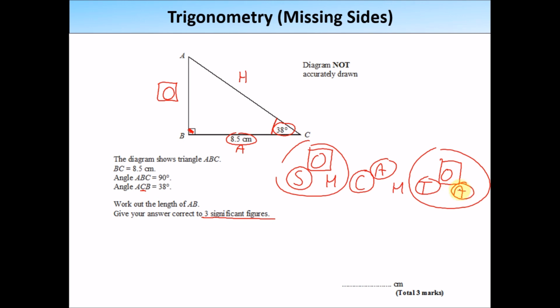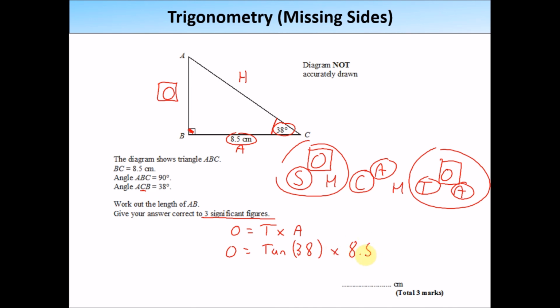The next thing to do is to cover up what I'm looking for. So when I cover up the top one, I'm left with T times A. So O equals T times A. And then I just fill that in. So O equals tan 38, and it's really important that we close our brackets after that, times 8.5.